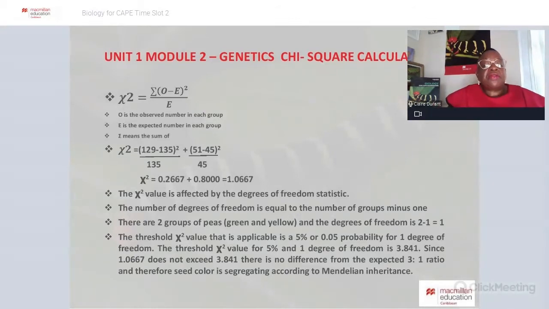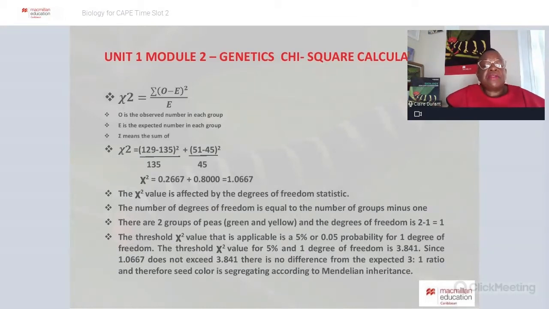The degrees of freedom is equal to the number of groups minus 1. So we had two groups, green and yellow peas, and the degrees of freedom is 2 minus 1, which is 1. So the threshold value of the chi-square that is applicable is 5%, and 5% is the traditional number that is used for biology experiments.